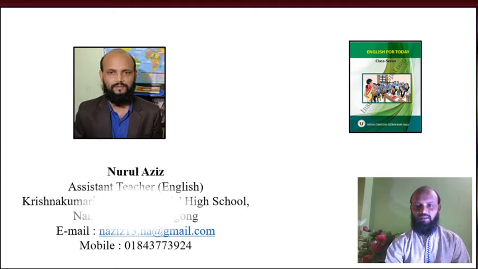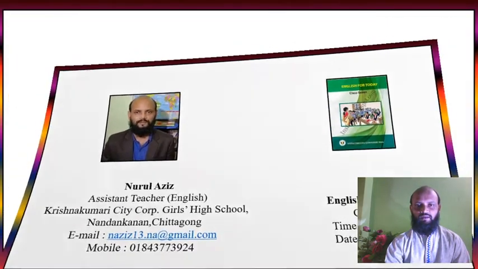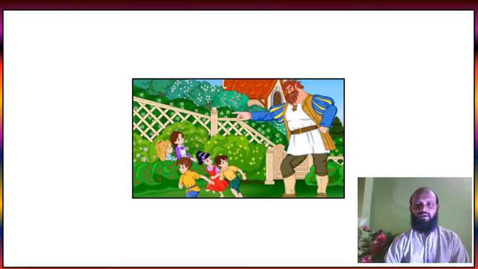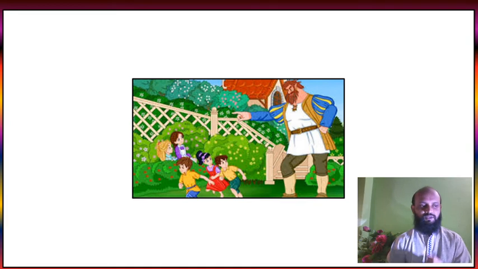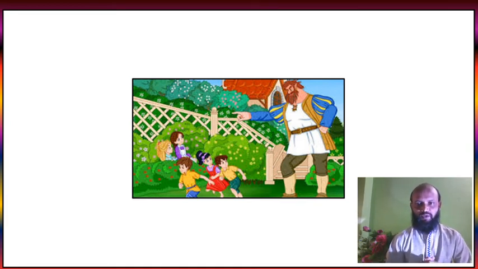I've given my identity, and now you will see a picture. What do you see in the picture? The giant is driving the kids away from his garden. He is very angry with them. So the children are fleeing from this garden.